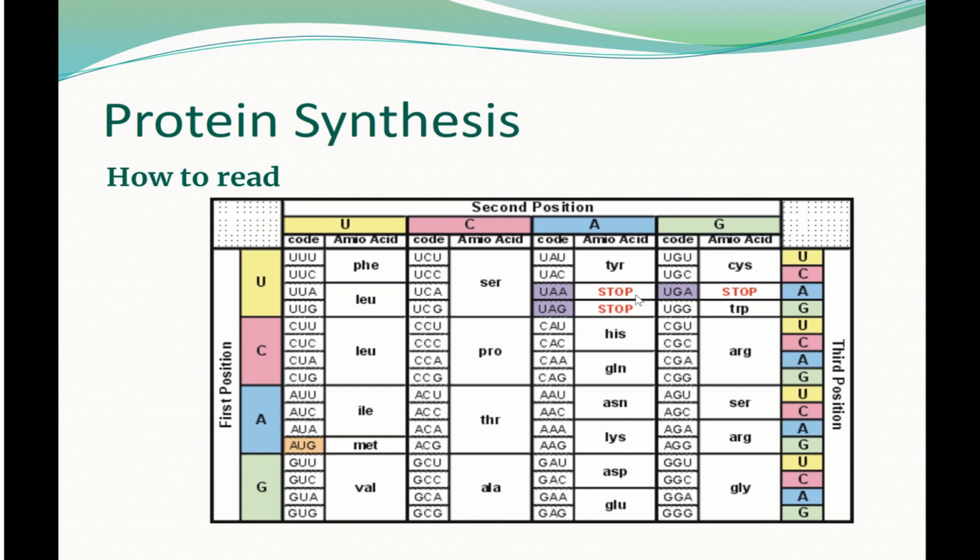Just a little refresher on how to read a codon chart. So remember, you have your first letter here, and then you have your second letter here, and then your third letter here. So whatever the codon is, you can find out the amino acid very, very quickly.